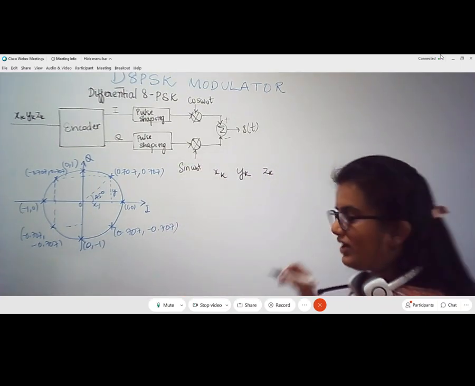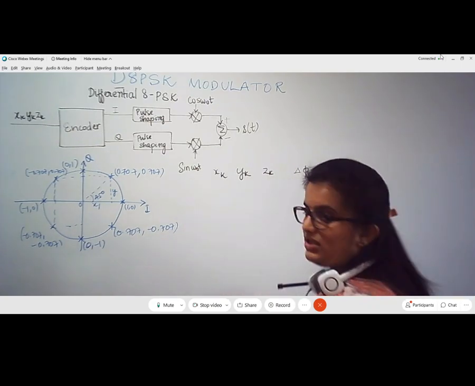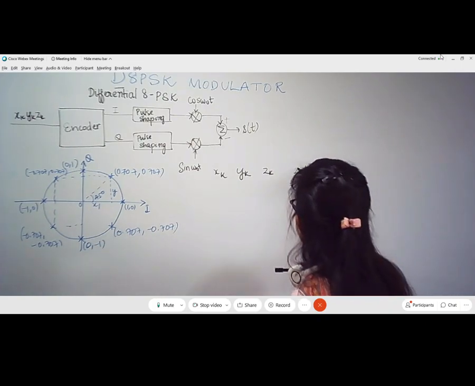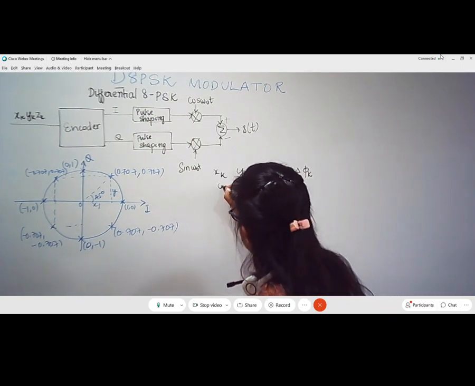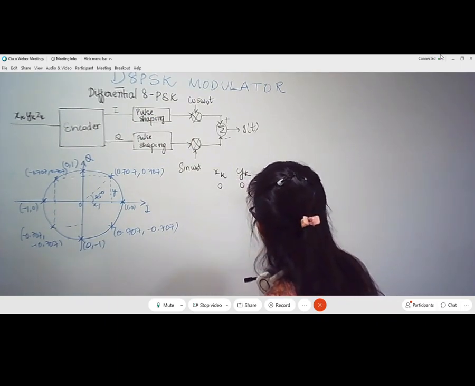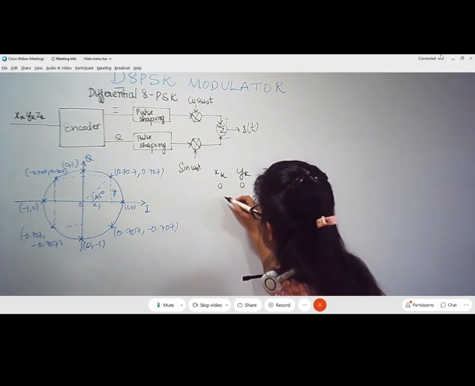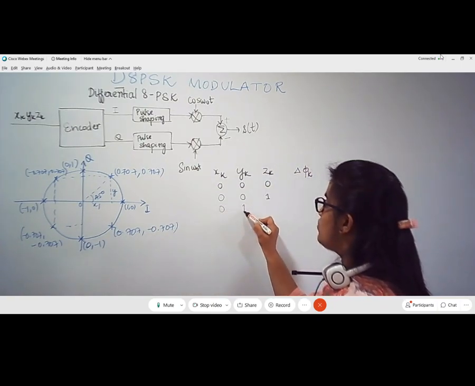We are going to assign the differential phase, that is, the phases for the individual bit combinations. Observe here. We are going to start off with the all zero combination. We are going to do the gray coding part. The next combination would be 0 0 1. Then the next one would be 0 1 1.